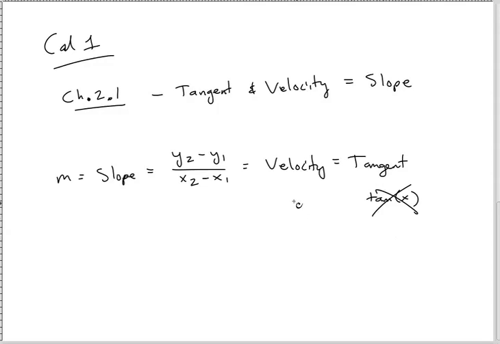Yes and no. What I'm saying by tangent in particular in calculus is something like this: we've got a curve here, and say we have a point right here. A tangent line moves like this. It's just touching at one point, and that's a tangent line.